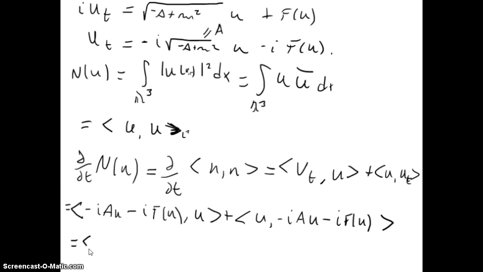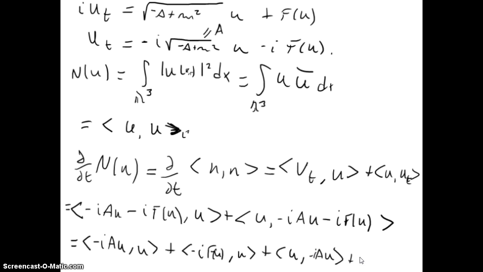So this will be equal to minus i A u plus minus i f(u), comma u, plus u comma minus i A u, here with an i, and again plus u comma minus i f(u).